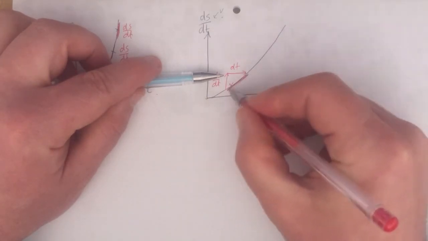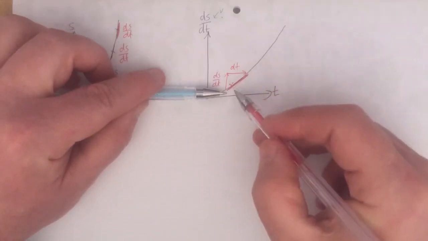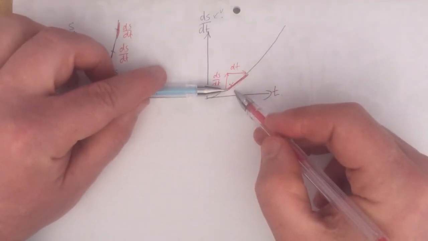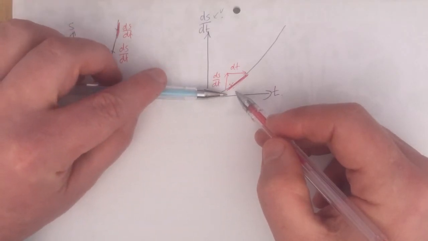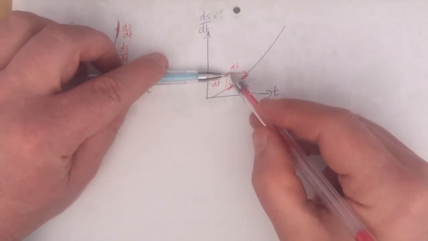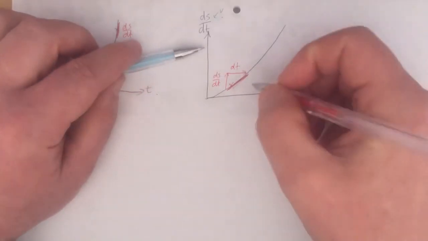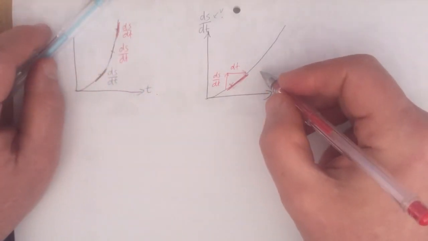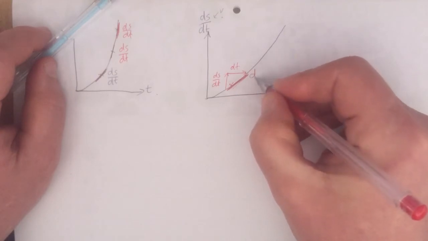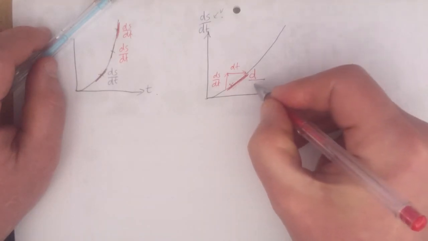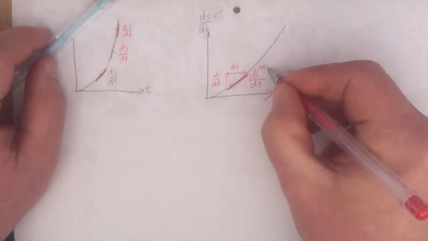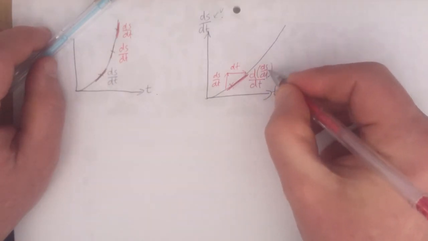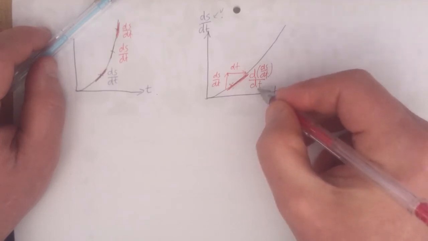So the gradient of the graph at this point is an idea of how rapidly ds by dt is increasing with time. We do have to use the words rate of change though. So that's basically saying how rapidly is ds by dt changing with respect to time.